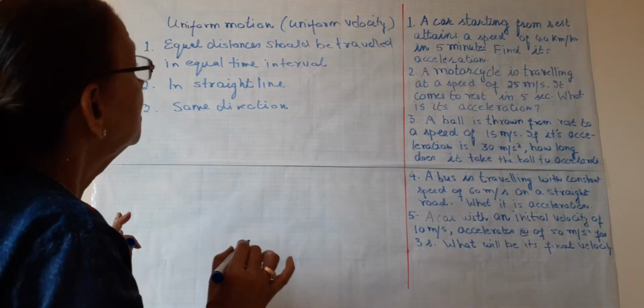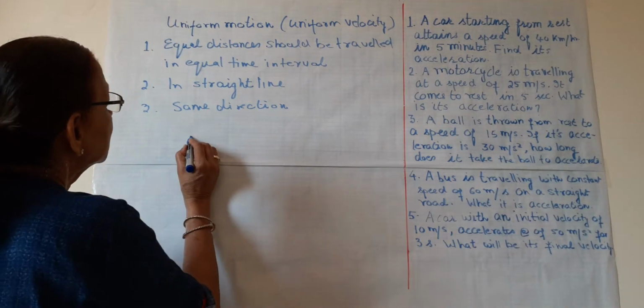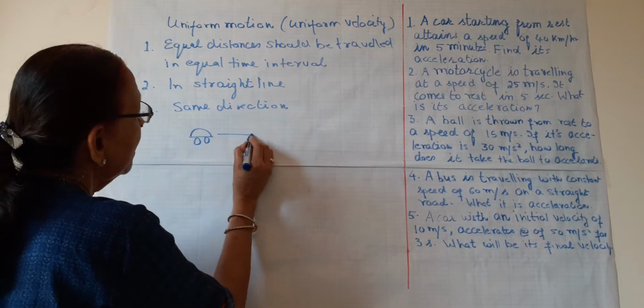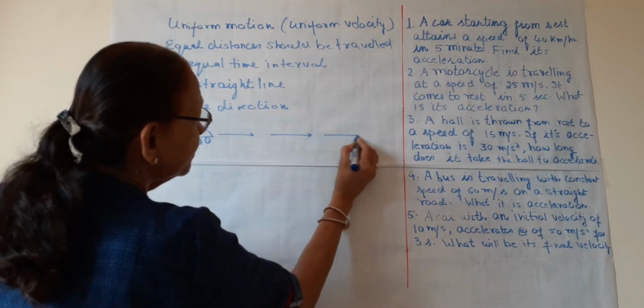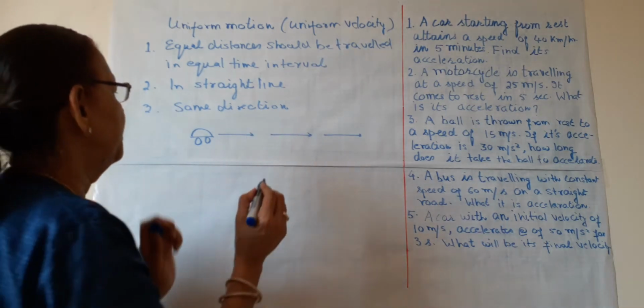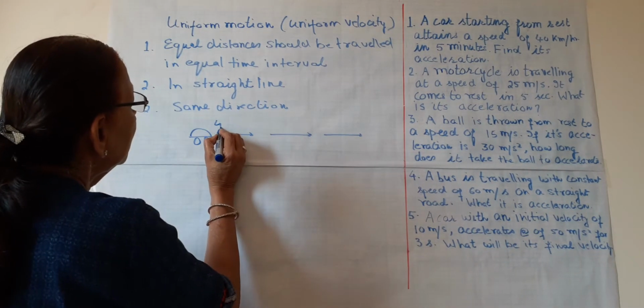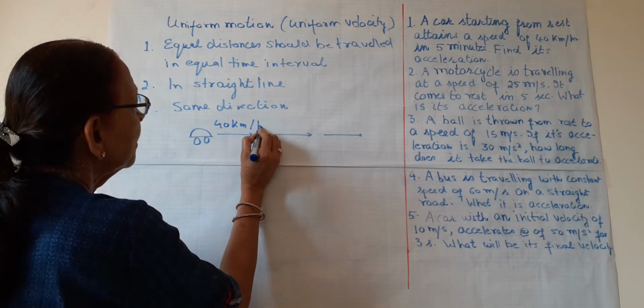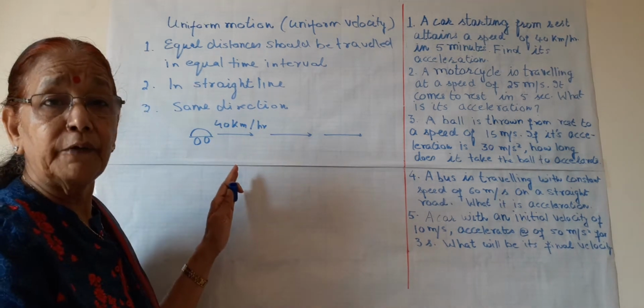We will see by an example. Suppose this is a car. This car is going in this direction in a straight line. Direction is not changing. Suppose this car is traveling with a speed of 40 km per hour.